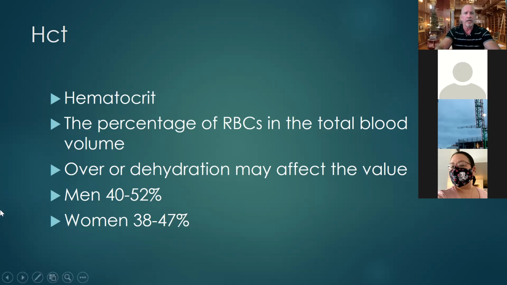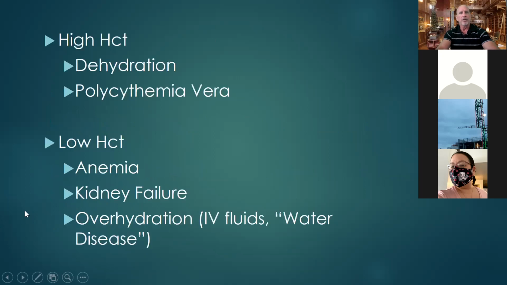So when we're looking at hematocrit, we're looking at men about 40 to 50%, women a little less than 40 to a little less than 50%. There again, since women have fewer red blood cells, their hematocrit is going to be a little bit lower. Things that can cause the hematocrit to be high is dehydration.